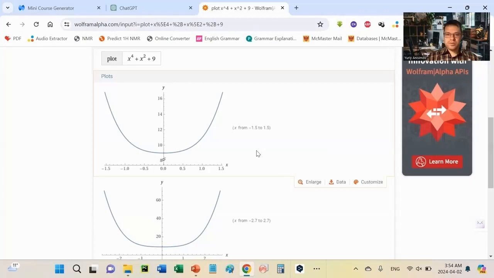Its long-term goal is to make all systematic knowledge immediately computable and accessible to everyone. We remember that ChatGPT itself does not know how to calculate, but with Wolfram Alpha it becomes an extremely powerful machine. I'm gonna show this to you.